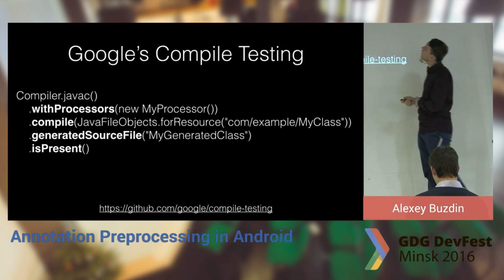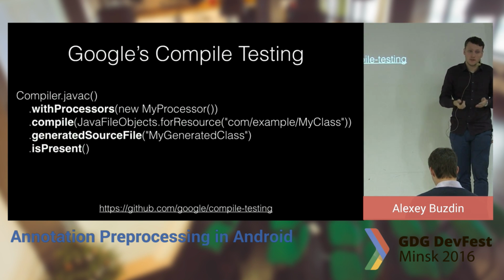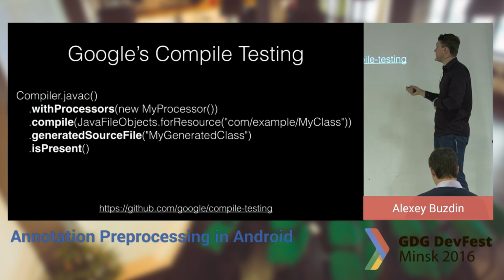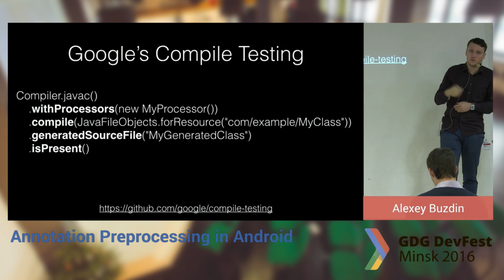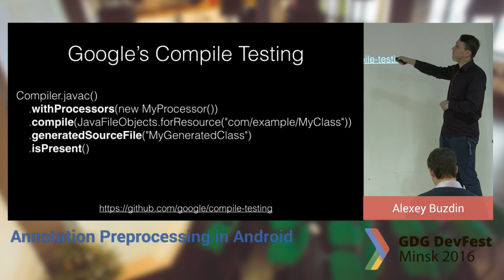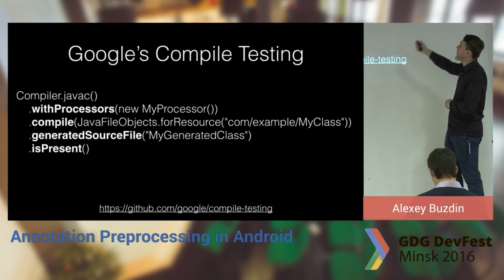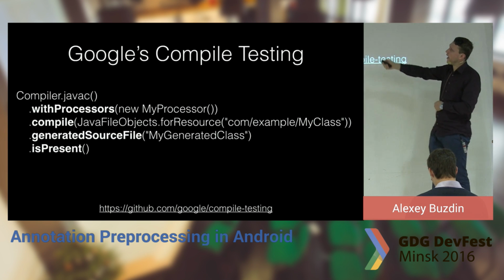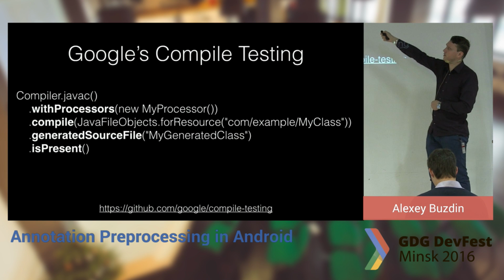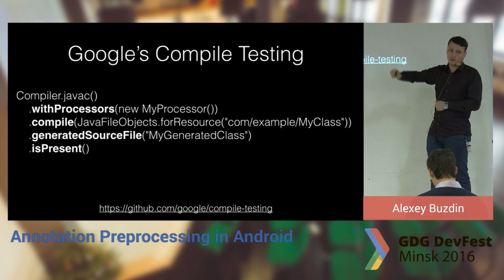And to actually test this thing, there's also a Google library called compile testing, which allows you to use their truth library to try and compile some kind of source code. So here we say that there is my class in our class path, in our source, and we say, please use this processor and compile it.